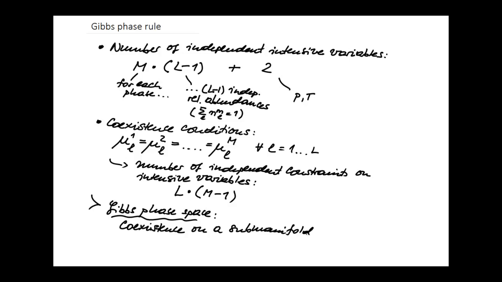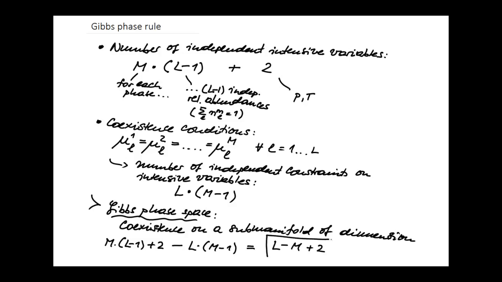And the dimension of that manifold is the number of independent variables minus the number of constraints. So it's m times (L-1) plus 2 minus the number of constraints, which is L times (m-1). And this difference is L minus m plus 2. And this formula here, this is the Gibbs phase rule.